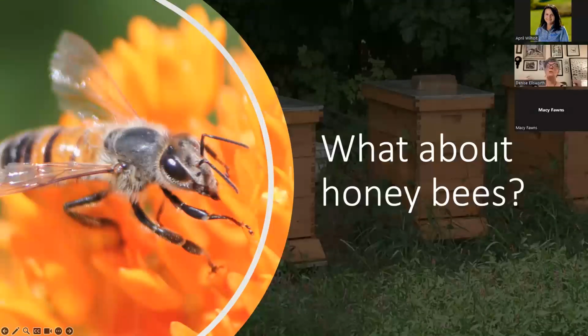It's one of those, it depends, right? It depends on your colony, on their ability to regulate the temperatures inside the colony. But we can definitely track those plants that bees forage.